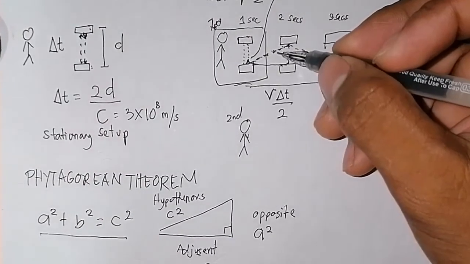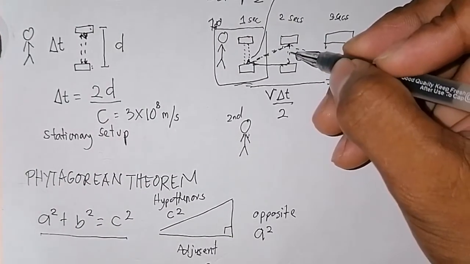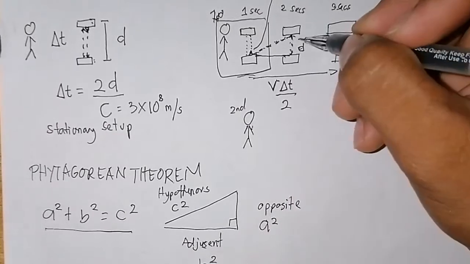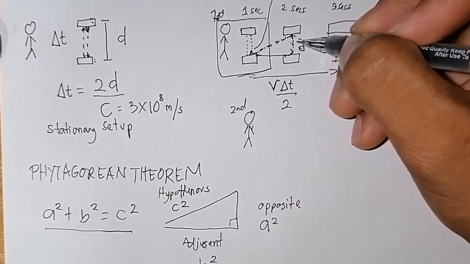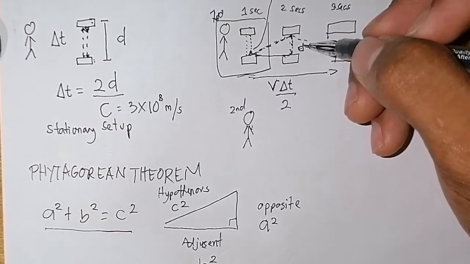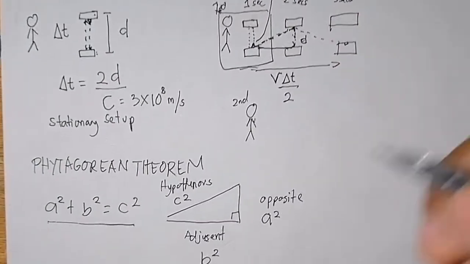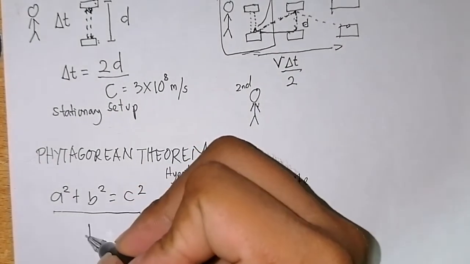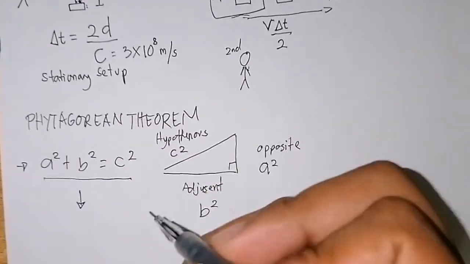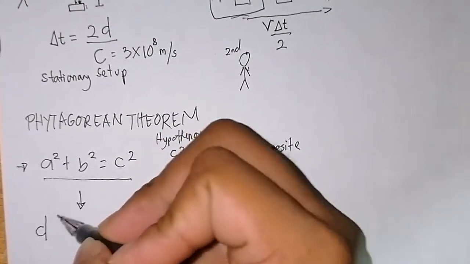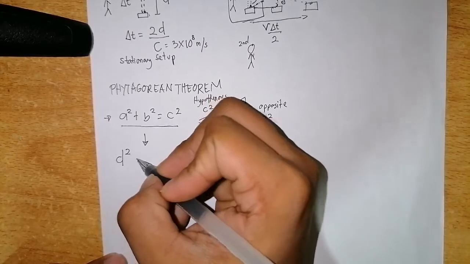So let's see. This part here, the opposite part of the right triangle, is denoted as d. We just have to copy this one: d, and we also need to square this one.